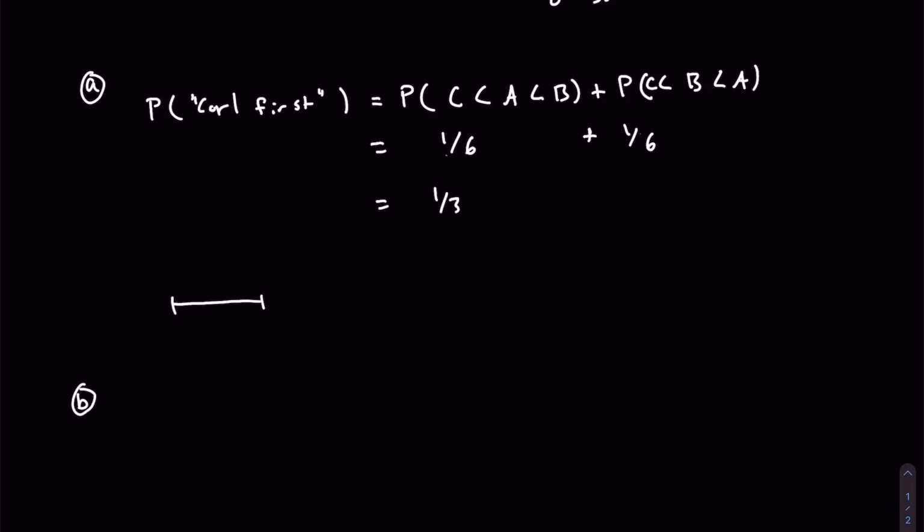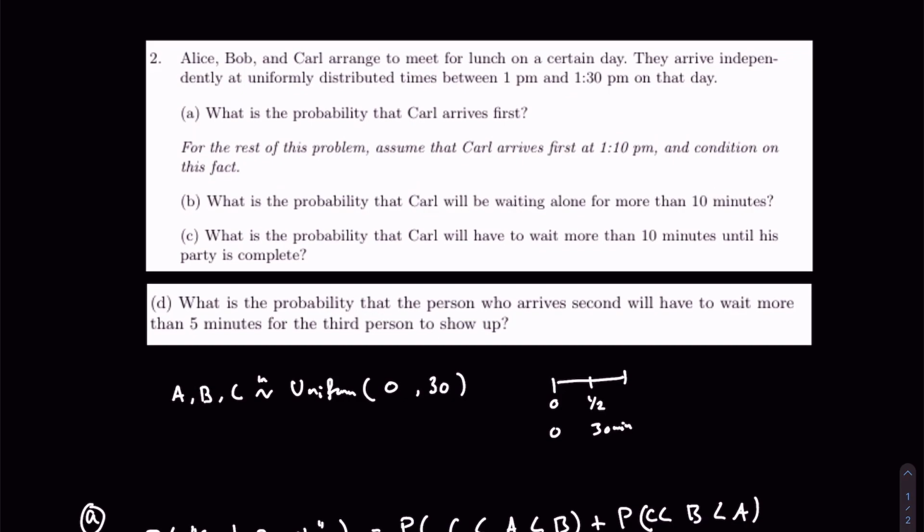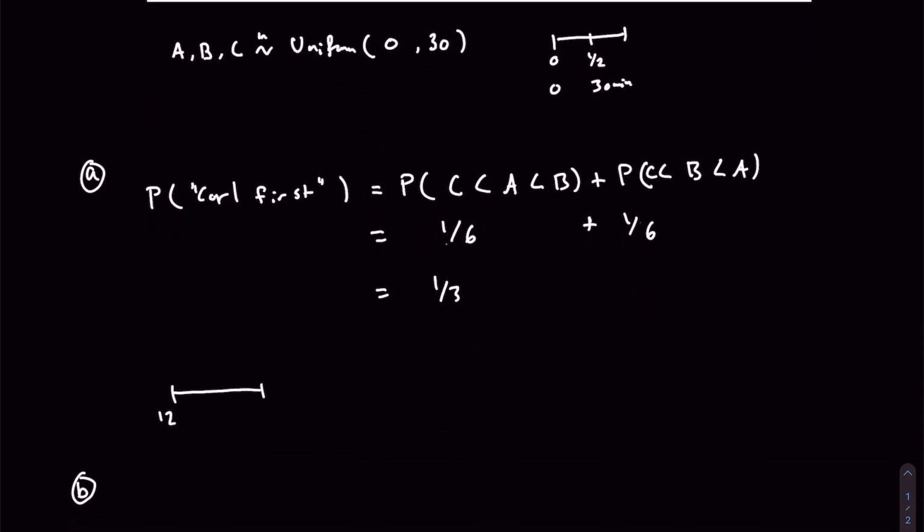Okay, so here, let's state the fact that because now Carl, I'm going to draw this timeline again. Carl arrives, so this is 12 p.m. Oh, sorry, I'm confusing 1 p.m. with 12 p.m. from the first problem here.